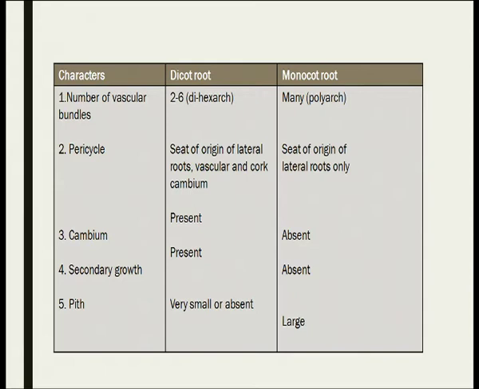In detail, cambium is present in dicots, but it is absent in monocots. Secondary growth is generally present in dicots, but it is absent in monocots. Pith is very small or absent in dicot roots, but it is large in monocot roots.